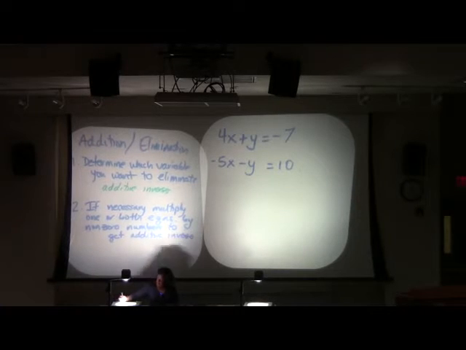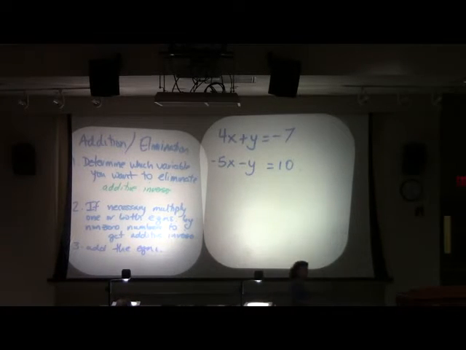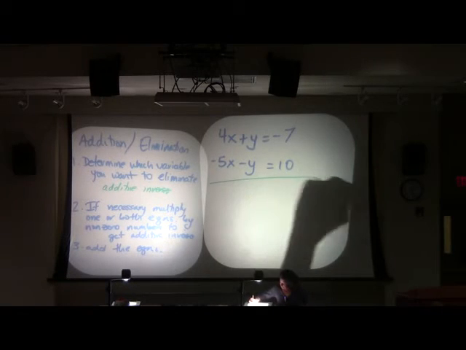Do you see how we already have that with our y's? So we don't really need to do anything. Okay? My next example, trust me, we won't have that. So, my third step then is to add my two equations.